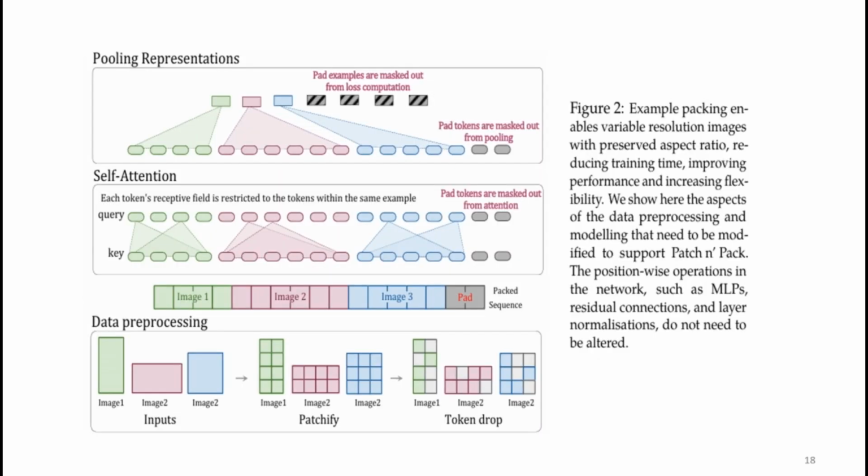The authors propose a solution in the form of NaViT, that is Native Resolution Vision Transformer. So a vision transformer model capable of processing images with arbitrary resolutions and aspect ratios.